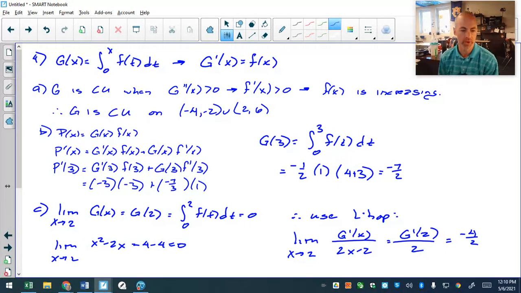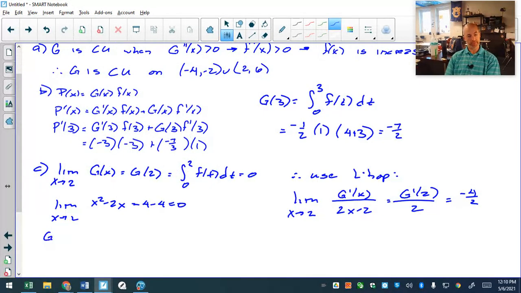And something you may want to do on this: a limit only equals the function's value if the function is continuous. So I kind of skipped over this when I did the limit as x approaches 2 of g of x. You want to make sure that we've established that g of x is continuous, and I will establish that. We know that g prime is f and f is continuous. So I know that g is differentiable on the entire interval, which I'm going to have to scroll up and look at my graph here, negative 4 to 6.